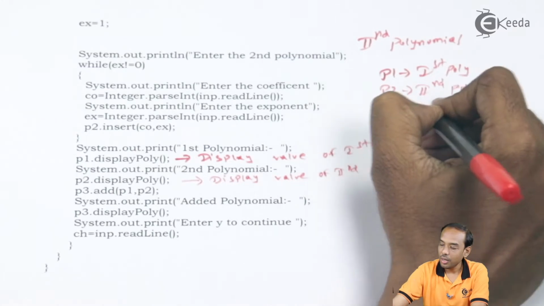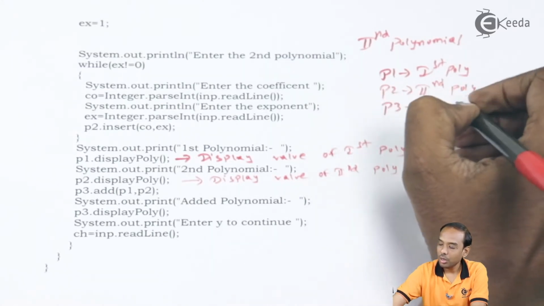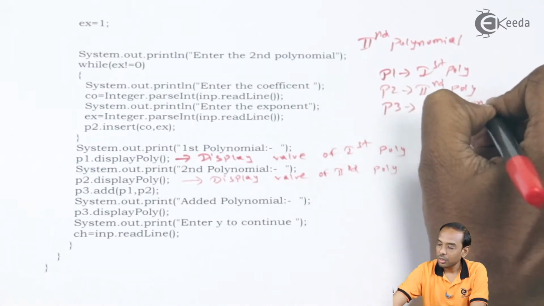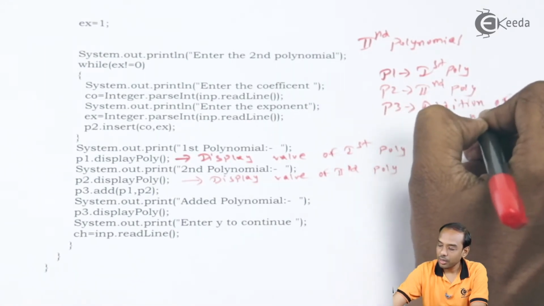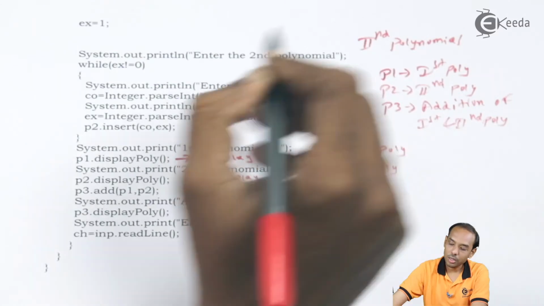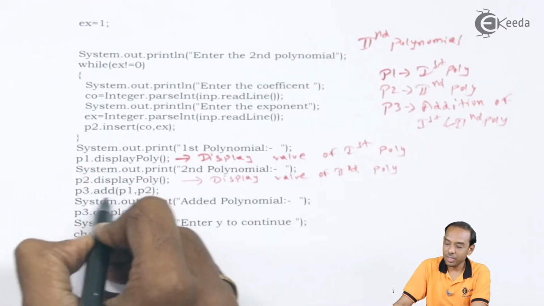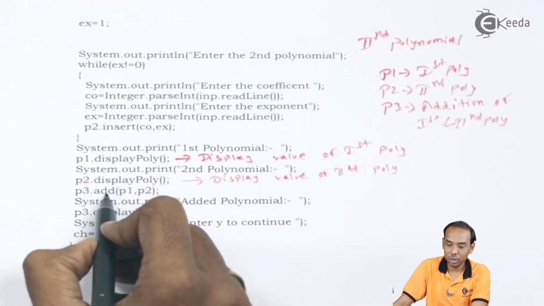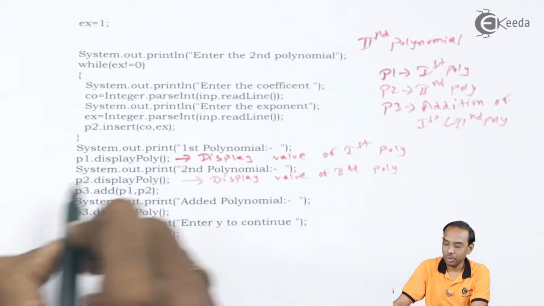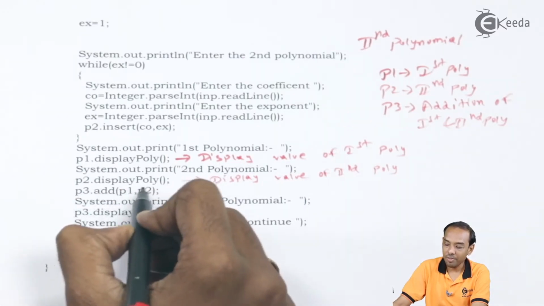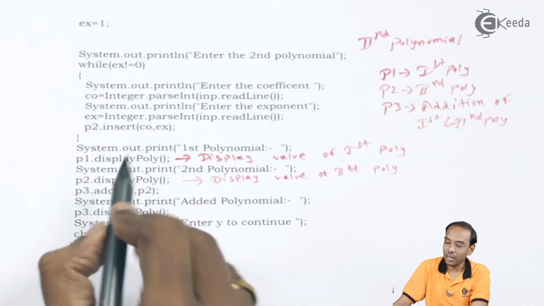p3 will be the addition of the first and second polynomial. So I'm going to write p3 dot, which method am I going to call? That is the add function. I'm going to call p3 dot add p1 comma p2, so it is going to add the values.